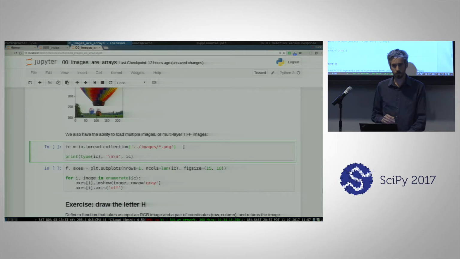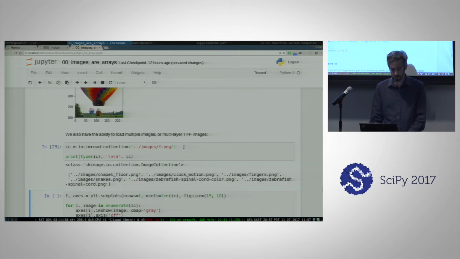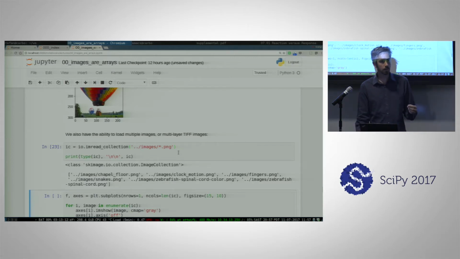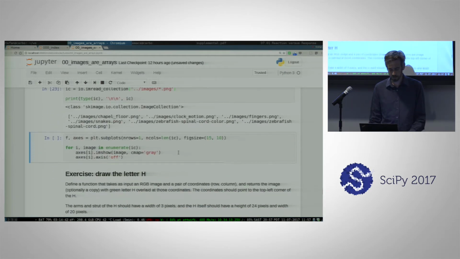So it's quite safe to do something like tell it to read all the PNGs or all the JPEGs in the directory. It won't immediately do anything. You'll see it just gives you back an image collection, and when you print that image collection, you just see a list of file names. Only once you index into the image collection does it go and load the images from disk.